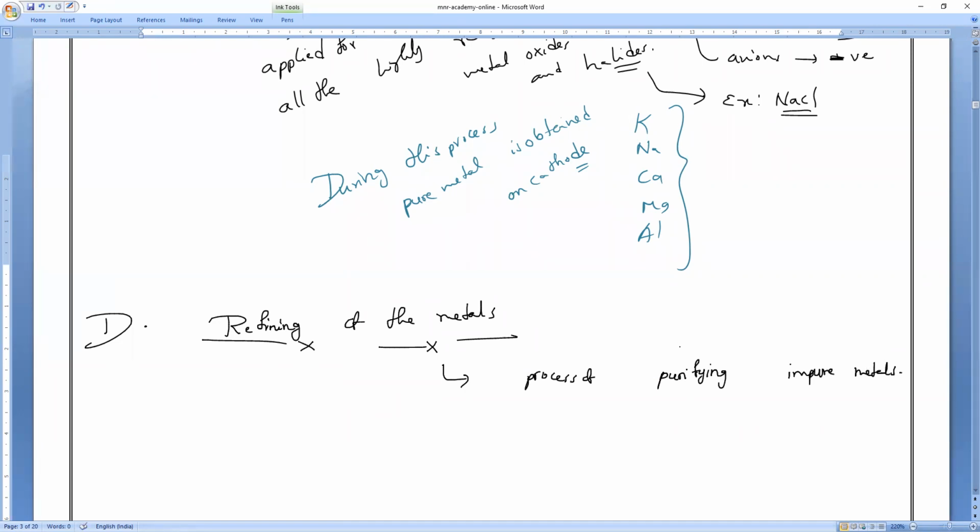The best method we use to extract pure metal from impure metal is the electrolytic method. Understanding, everybody? Again, two reactions will come. Whenever you get the electrolytic method, again you have to write two reactions. What is that, everybody? One is the cathodic reaction. Another one is the anodic reaction.